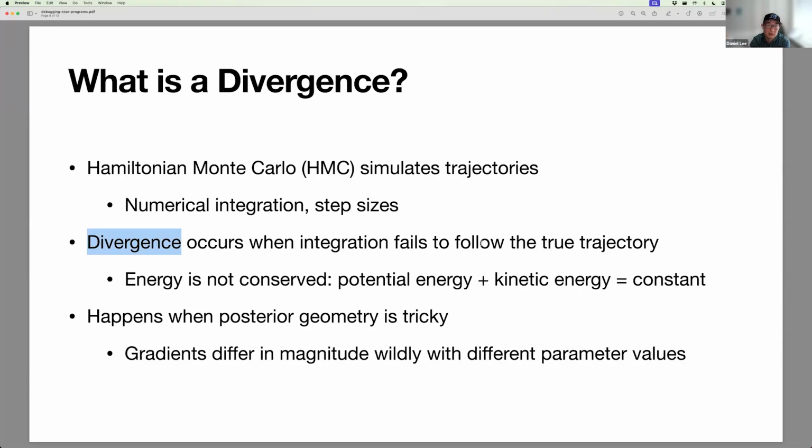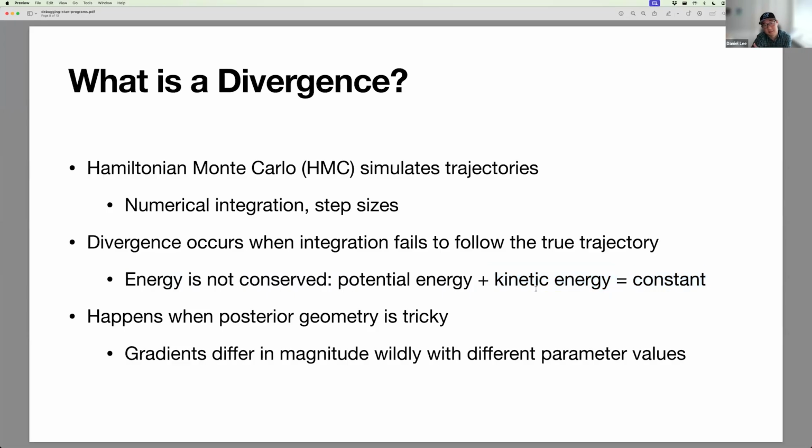How do you know that it's not following the true trajectory? At every step that you take, you can compare the energy. When you start, you knew the potential energy of where you started. That's the initial conditions of that particular chain. And then you knew the kinetic energy that you're adding. And you know that this is supposed to be constant. So if you take a step forward and follow the kinetic energy, it should stay really close to that constant.